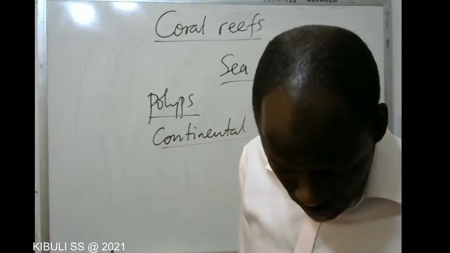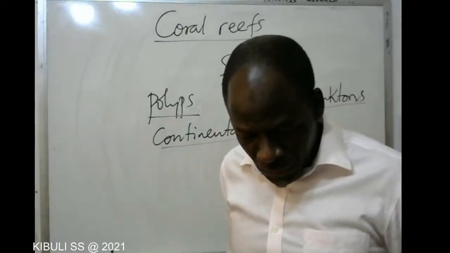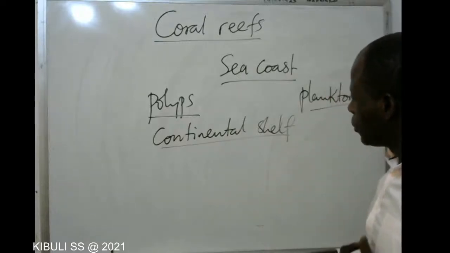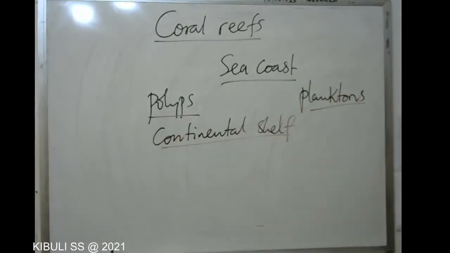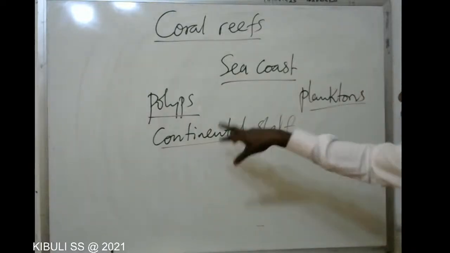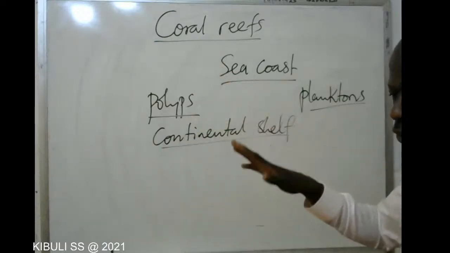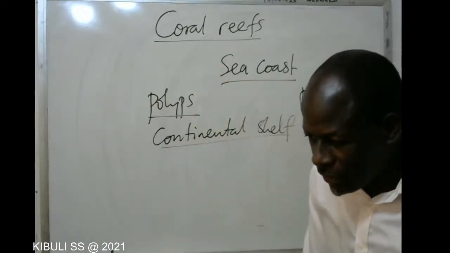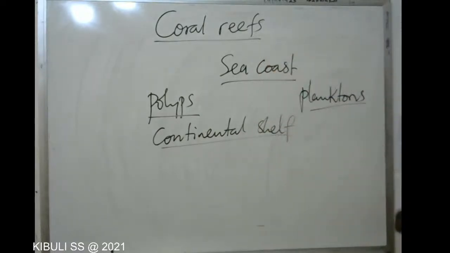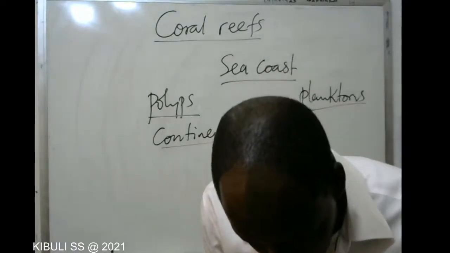The other condition is presence of shallow water to allow penetration of sunlight again, because the water should not be too deep. Even if the water is clear but too deep, the sunlight may not reach the bottom of the sea. So the continental shelf needs to be shallow so that the sunlight can reach the bottom and therefore enable the planktons to grow on which the polyps feed.